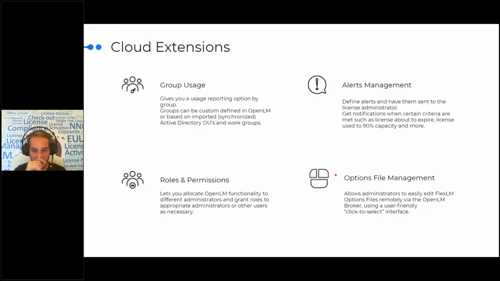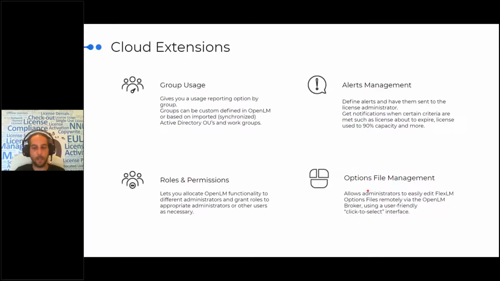Now, a few words on the extensions that you'll have available. First of all, you'll be able to get certain alerts. For example, the license server went down or the license manager is not responding. You can get notified on that by email. If a license is about to expire, or if an application is being used for too long by a certain user, you can get notified.